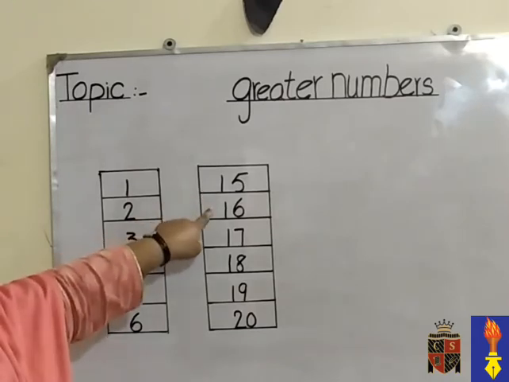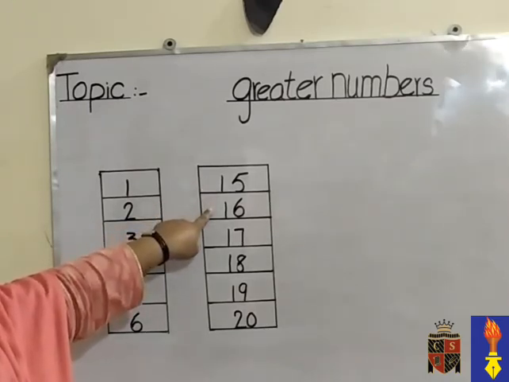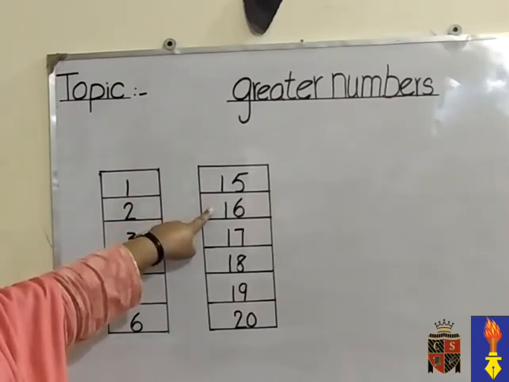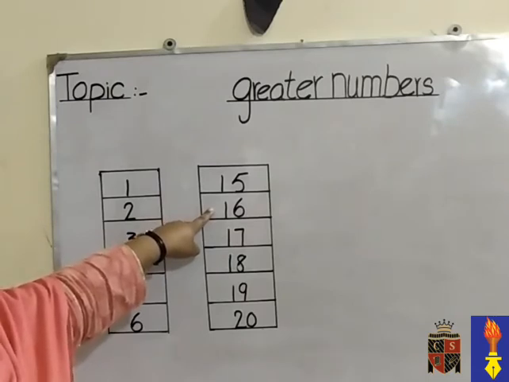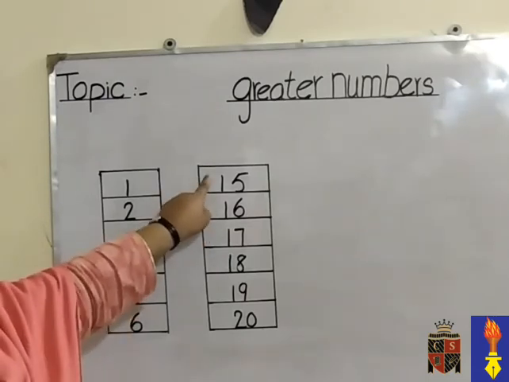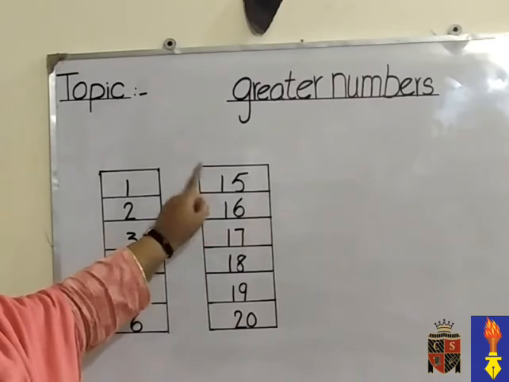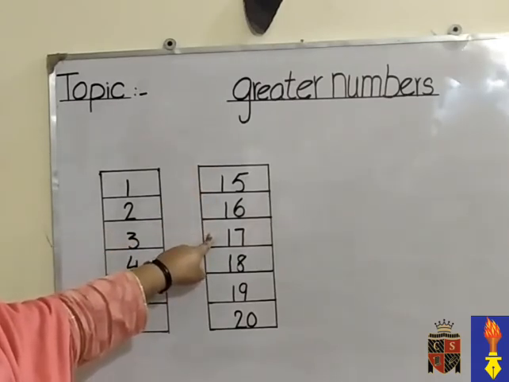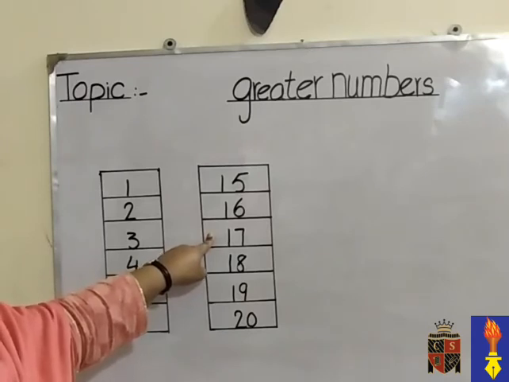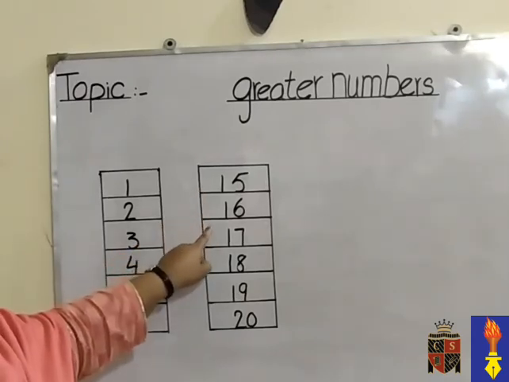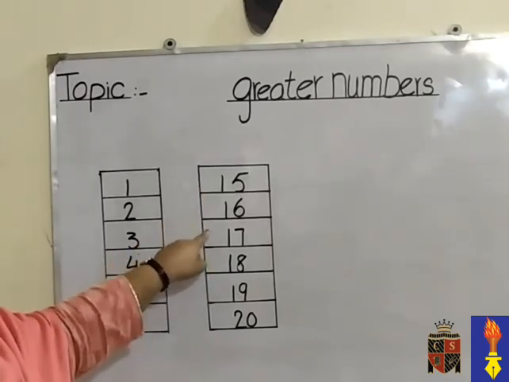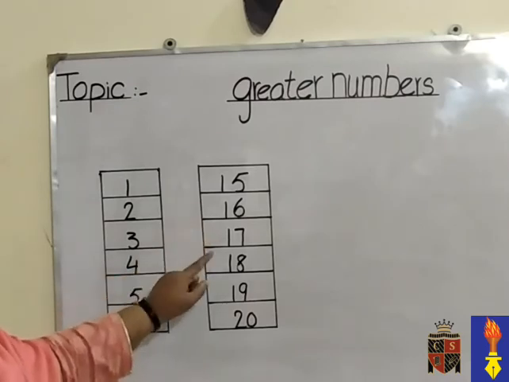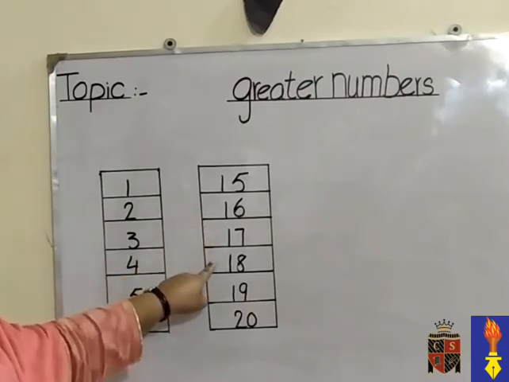Okay, now what comes after 15? It's 16. So 16 is greater than 15. Similarly, what comes after 16? 17. So 17 is greater than 16. What comes after 17?